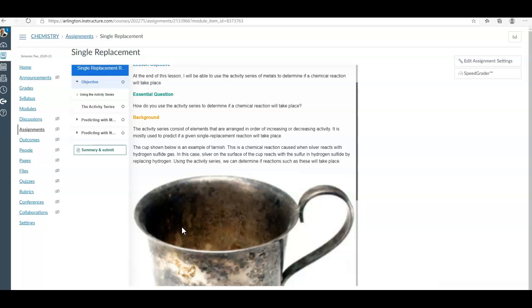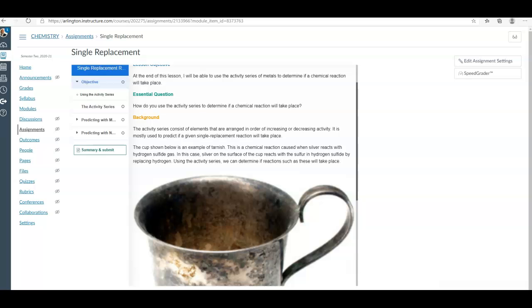So the silver will react with the hydrogen sulfide gas to replace the hydrogen. At the end of the day, you're going to have a single replacement whereby silver replaces hydrogen in hydrogen sulfide. Now let me write the equation.